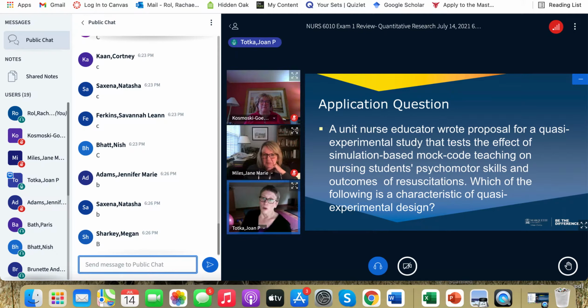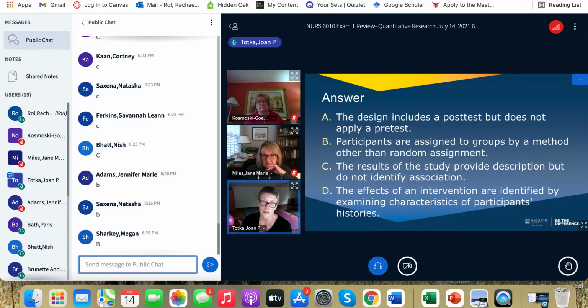A nurse educator wrote a proposal for a quasi-experimental study that tests the effect of simulation-based mock code teaching on nursing skills and outcomes of resuscitations. Which of the following is a characteristic of a quasi-experimental study? So this is not a true experimental, but a quasi-experimental.